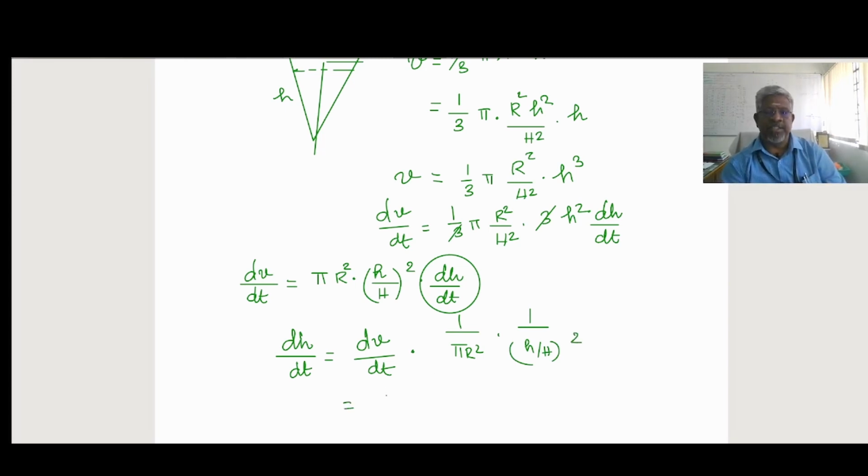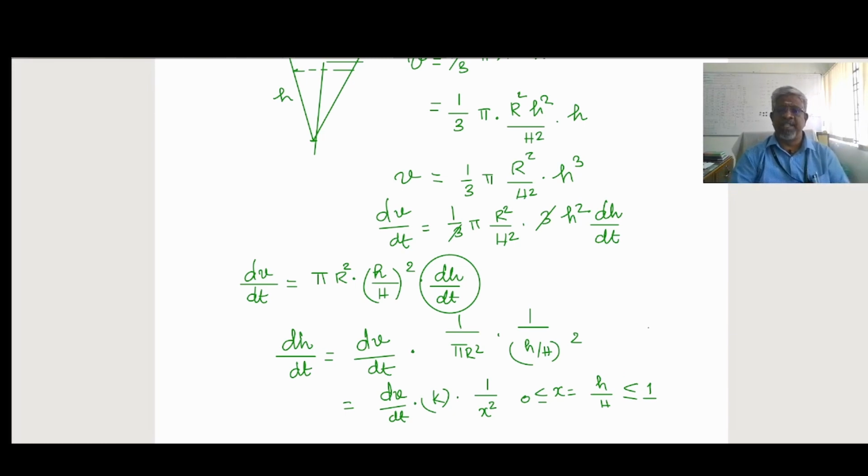So this is nothing but dV by dt into some constant k, where k is equal to 1 by pi r square, into 1 by x square, where x is equal to h by H, because the rate of change of height also depends on at what height you want to calculate. This value x varies from 0 to 1. If the value of x is equal to 0, it is the bottommost portion. And if the value is 1, it is the top, that is, the conical vessel is completely filled.